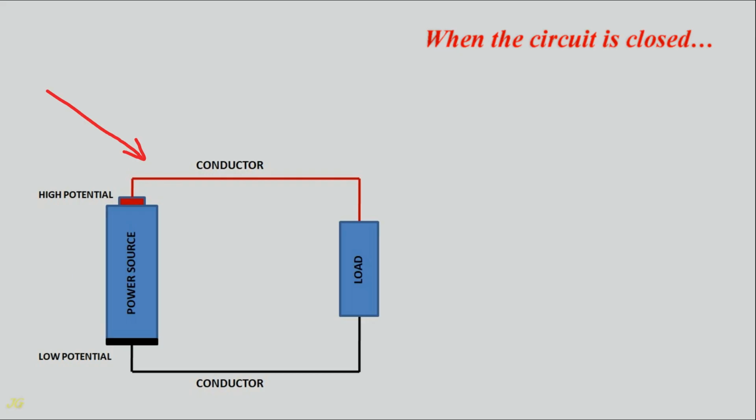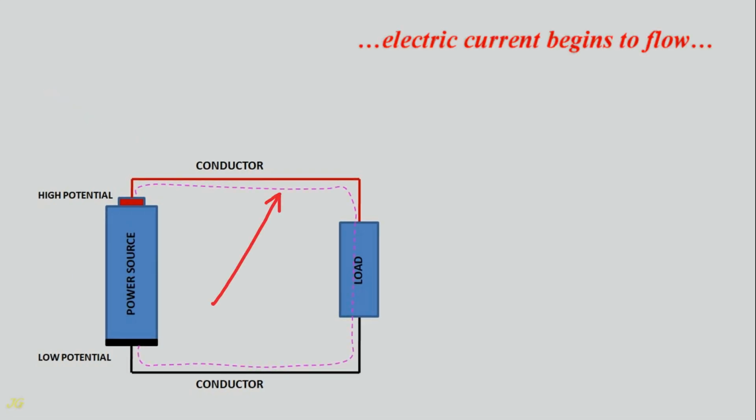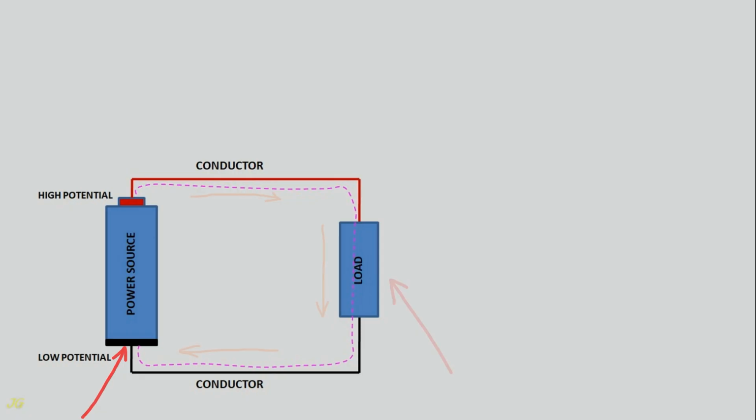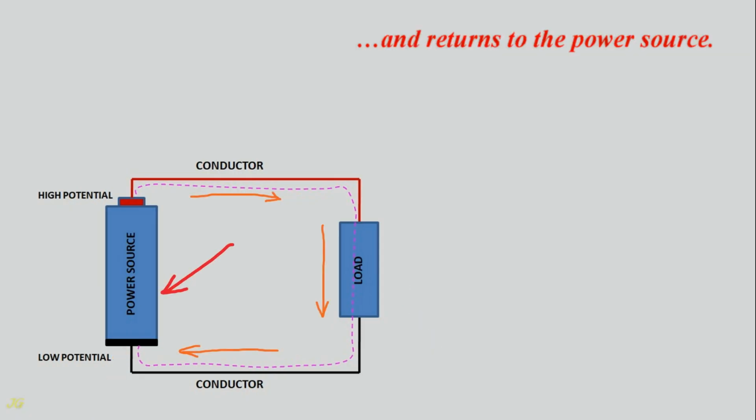When the circuit is closed, electric current begins to flow from a higher potential to a lower potential through the load and returns to the power source.